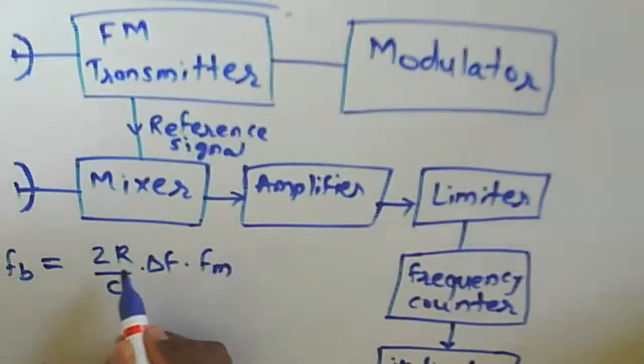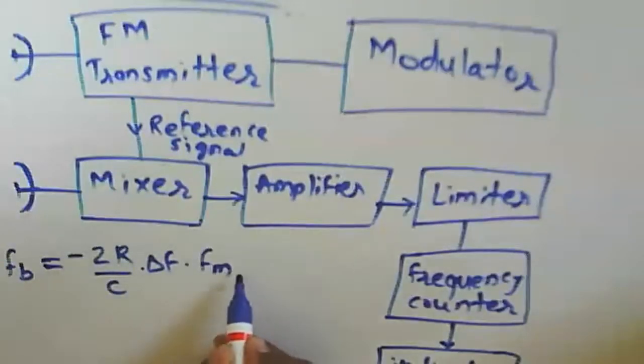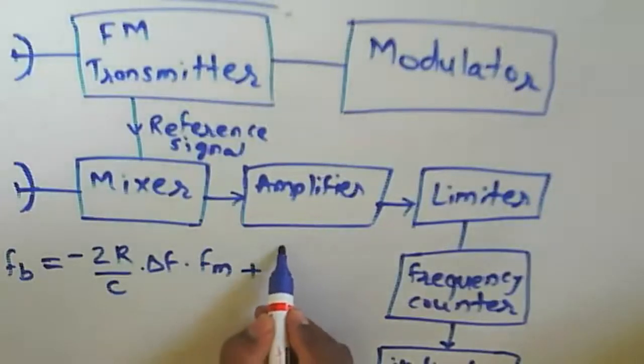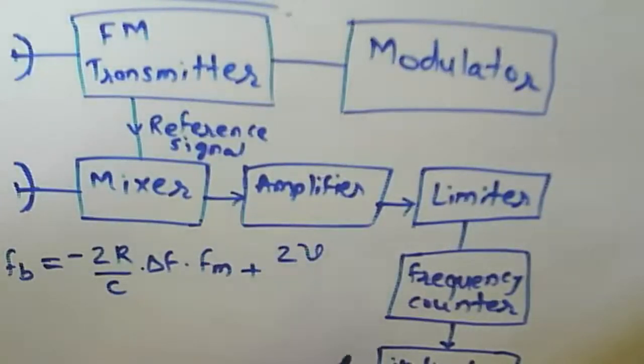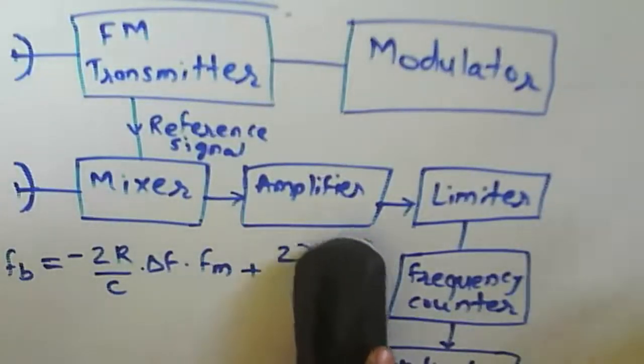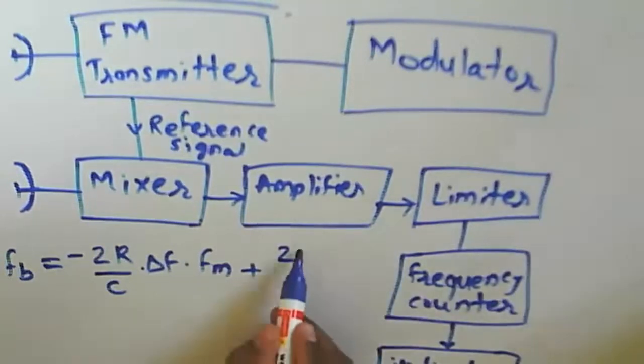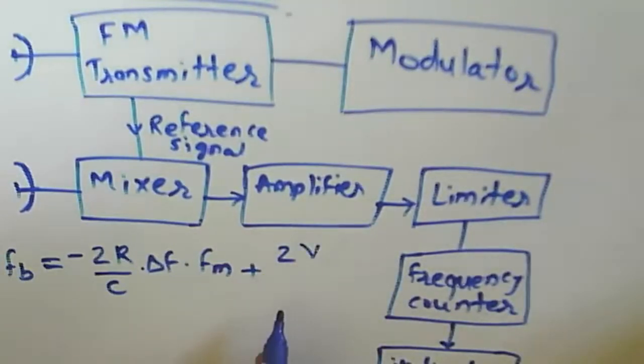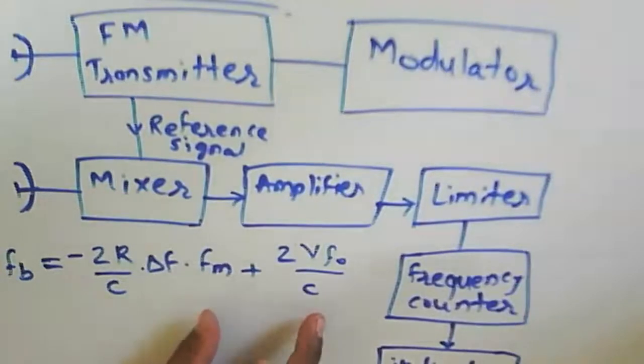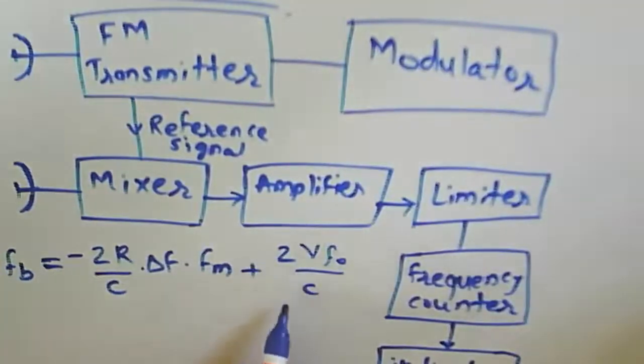So in that case, this one will have the minus sign. What will be the velocity of the object here? We can define it in capital terms here, and this will define the Doppler frequency shift.